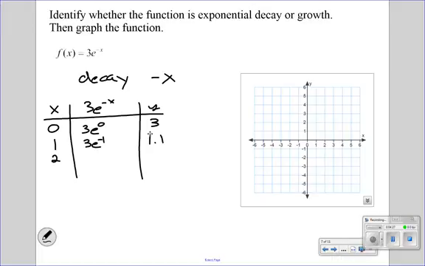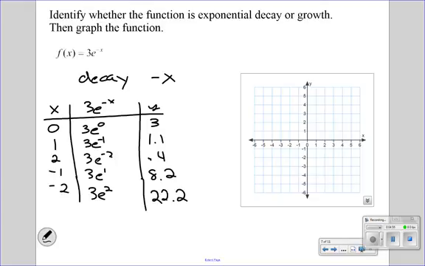If we plug in 2, we get 3e to the negative 2nd. Once again, we can plug that in our calculators, and we get 0.4. If we do negative 1, we have 3 times e to the 1, which is simply 8.2. And if we plug in negative 2, we get 3e squared. 3e squared is 22.2.